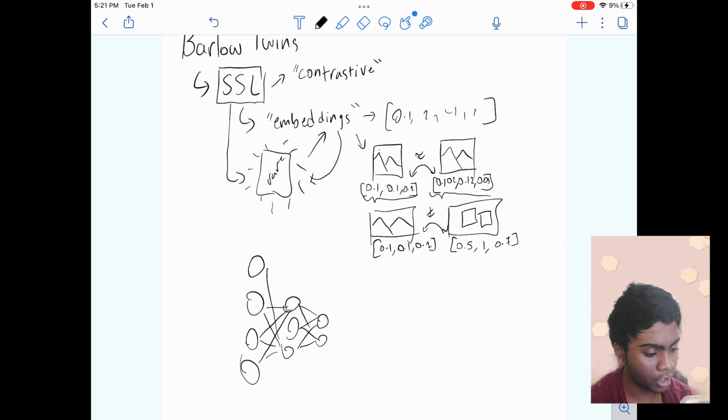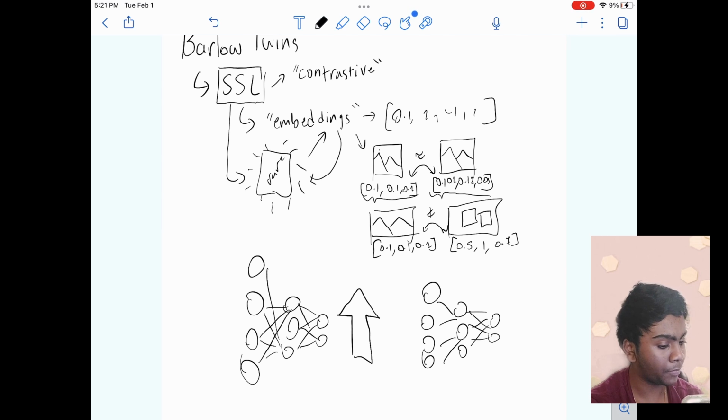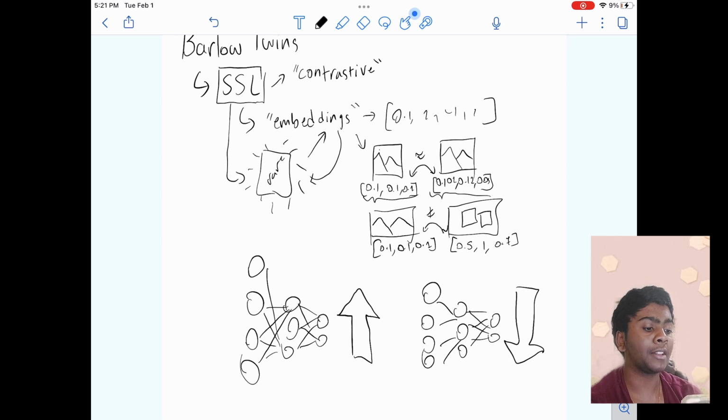So this model's performance would be higher than a model that just directly took the images in, because there's simply not enough images, right? And so that's the use case for self-supervised learning, to generate these embeddings.